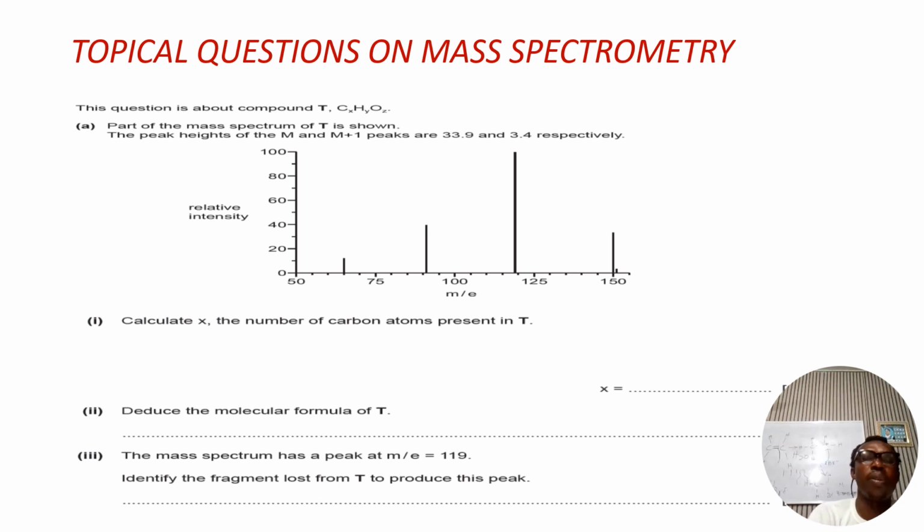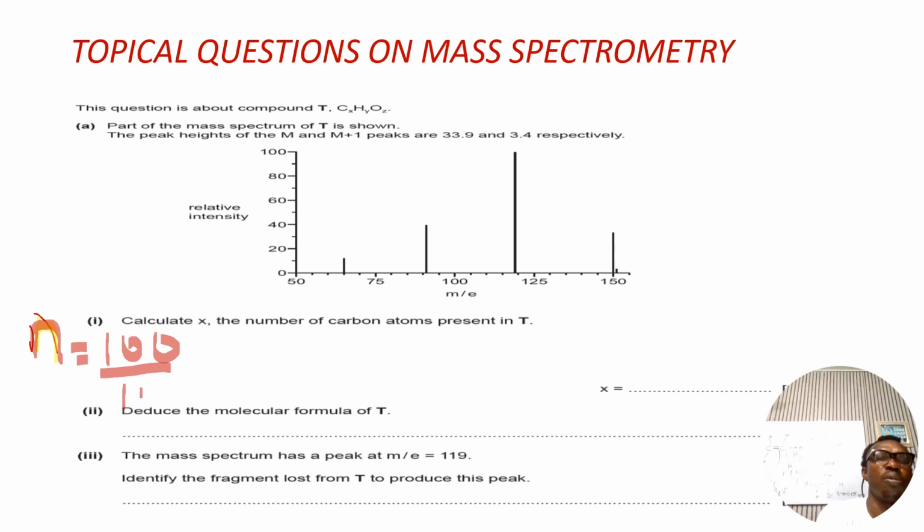So to calculate the number of carbon atoms, we use the formula N is equal to 100 over 1.1 times the abundance of the molecular ion plus 1 peak, which is 3.4, divided by the abundance of the molecular ion peak, which is 33.9.